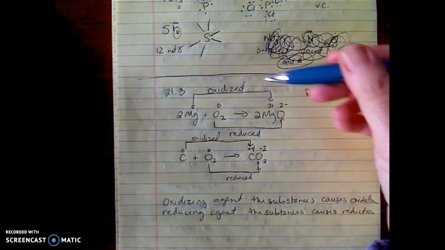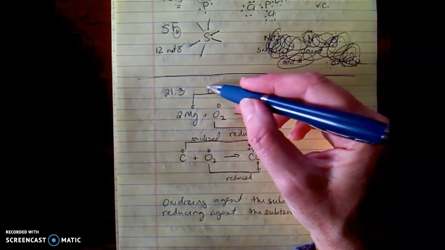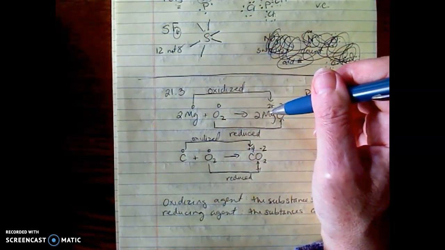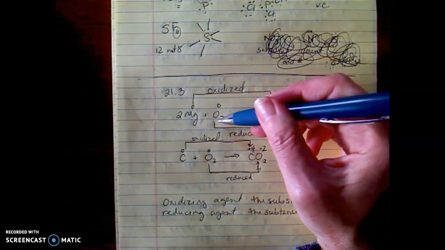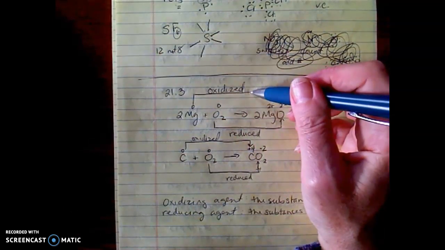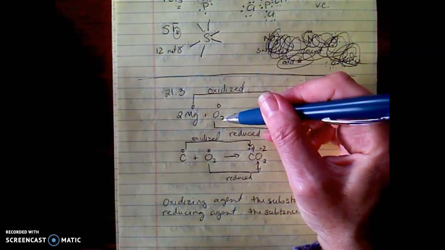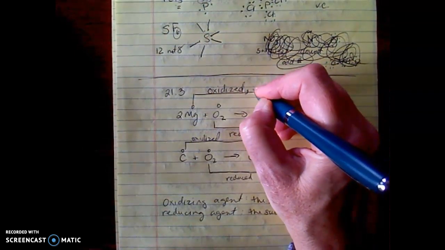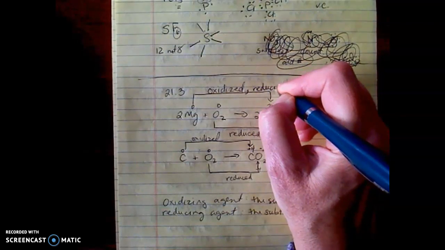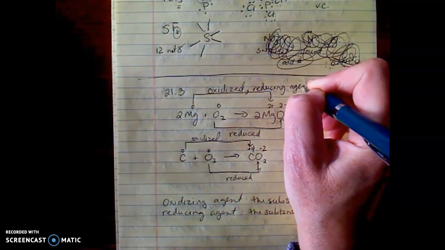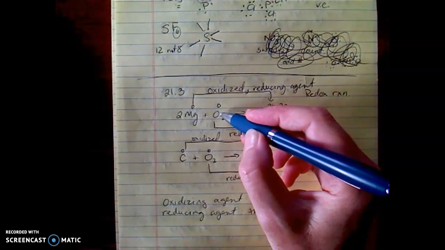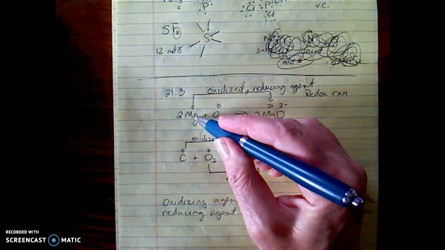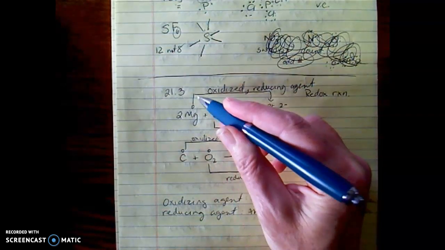So if we go back up here, if a substance is oxidized, that means it lost electrons. Those electrons had to be picked up by something else. So when this is oxidized, it causes oxygen to become reduced. So if it's oxidized, that makes it the reducing agent. Here, this is reduced, which means it gained. Well, if it gained the electrons, it caused the magnesium to become oxidized.